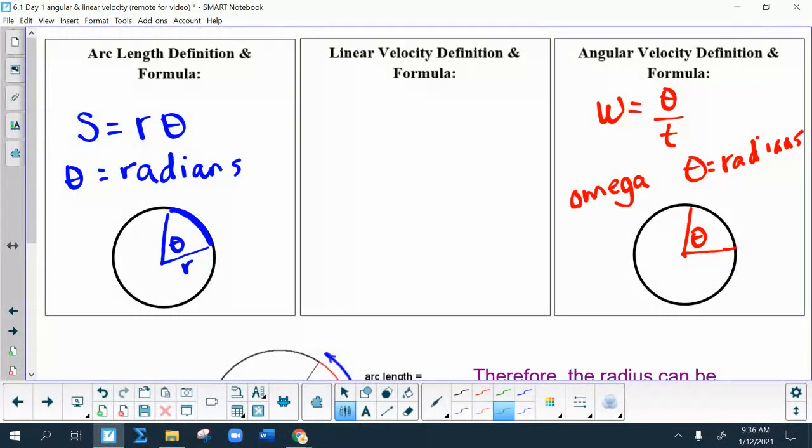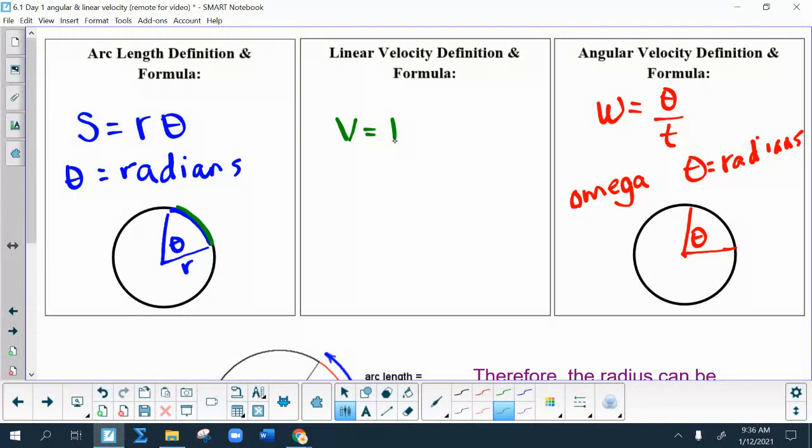So linear velocity is a combination of the two. It is when you are thinking of taking this distance that you've traveled, and how far along the ground you would have traveled if you spun the wheel 20 times, let's say. Think about riding your bicycle, pumping with your feet, and the wheel is turning, and that turning is making you go a linear distance.